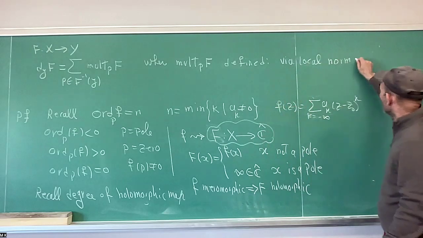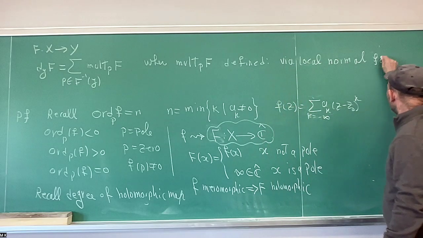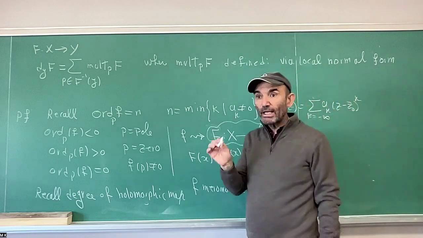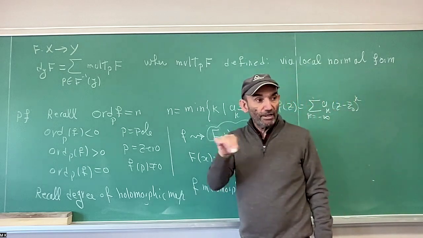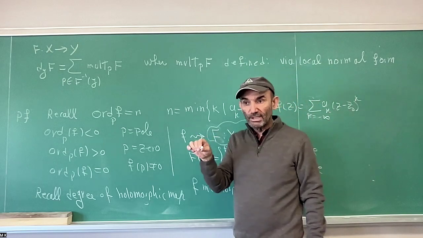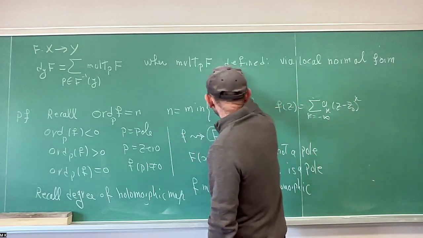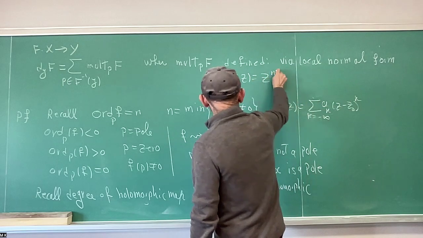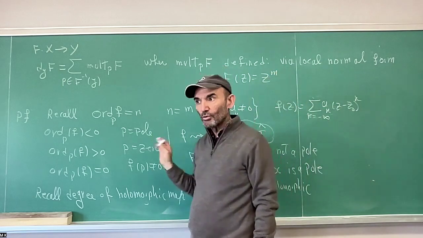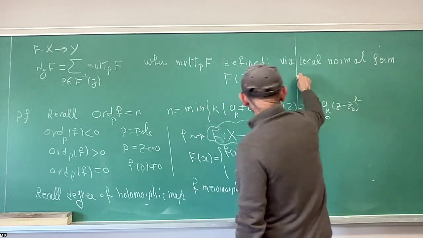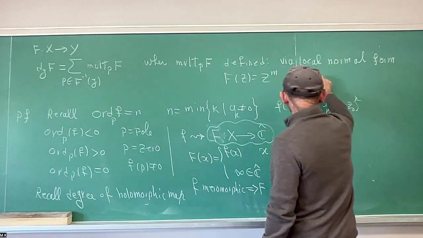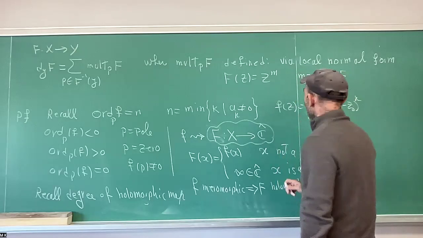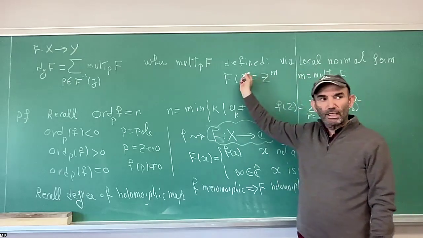We showed that for any holomorphic function around every point, there is a coordinate system where, in that coordinate system, f of z can be written as z to the n. And n is the multiplicity of f at p, also called the ramification index.